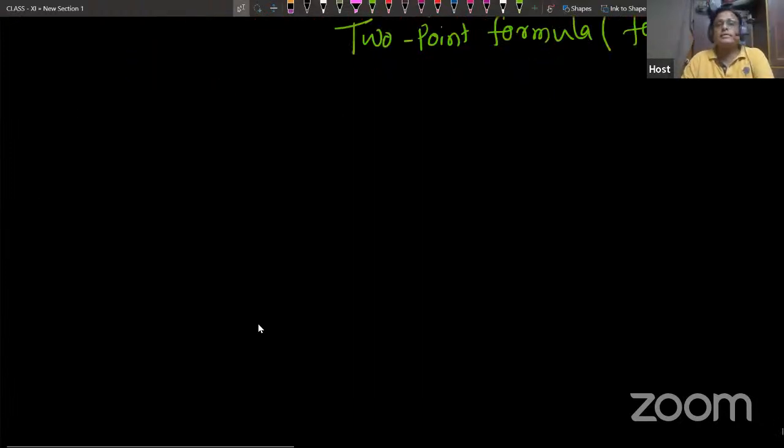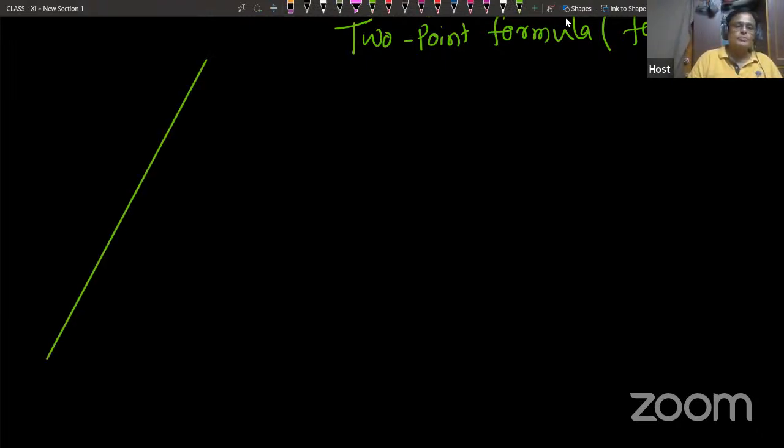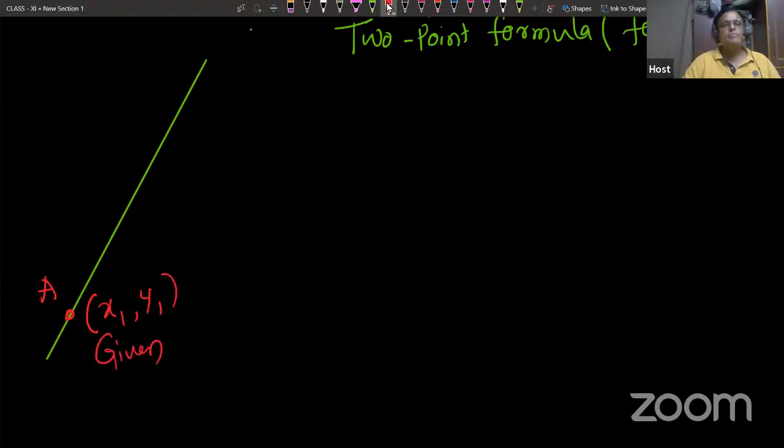The conclusion is like this, dear students, always remember. Whenever 2 points are given, the first point we always take as (x1, y1) and the second point as (x2, y2).